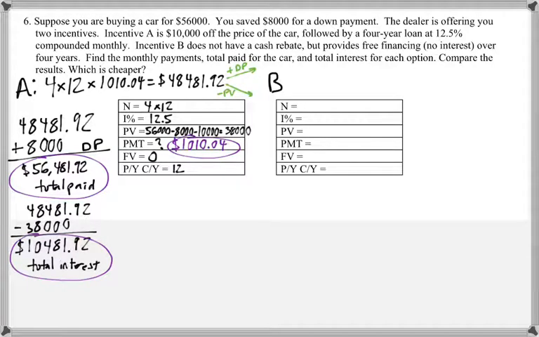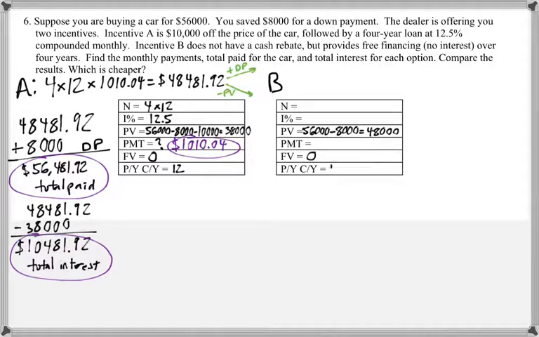Option B has the $8,000 down payment, but it does not have the $10,000 off. So we want to take the $56,000 and only subtract $8,000. And we get $48,000. The future value is 0.